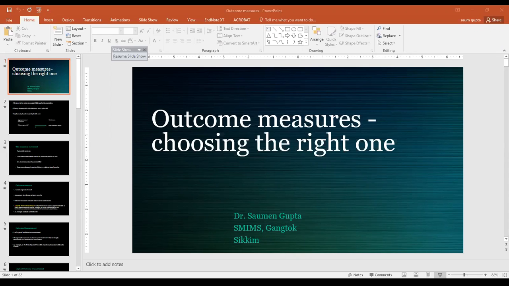Some of them can be linear measurements or muscle length or angular measurements like goniometry, or it can be chest expansion, it can be Glasgow coma scale. So you know that there are categorical variables, continuous variables, nominal variables, ordinal variables. So now I would talk about some of the tests and measures, broadly termed as outcome measures.